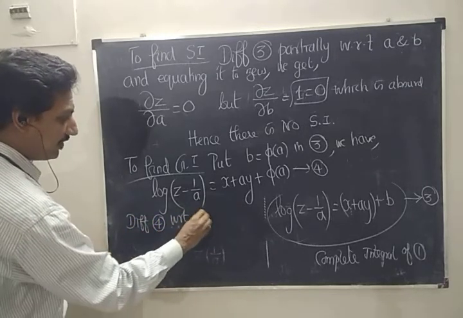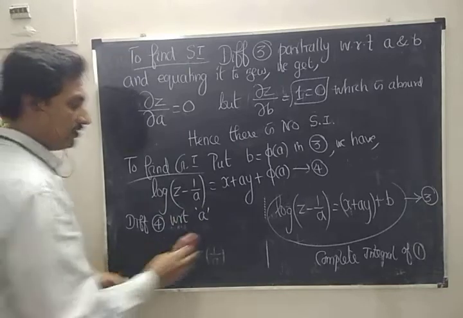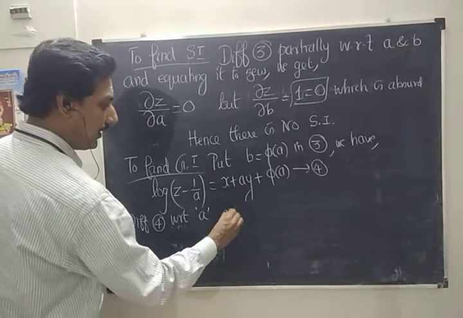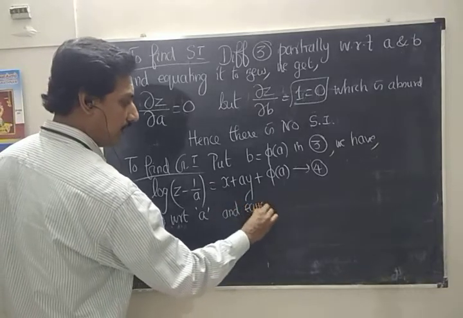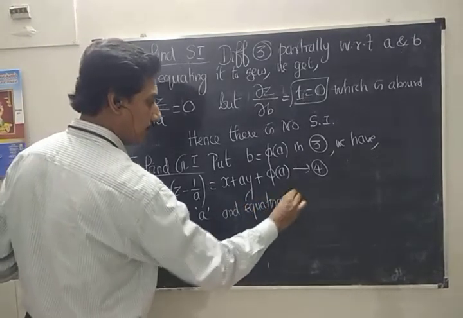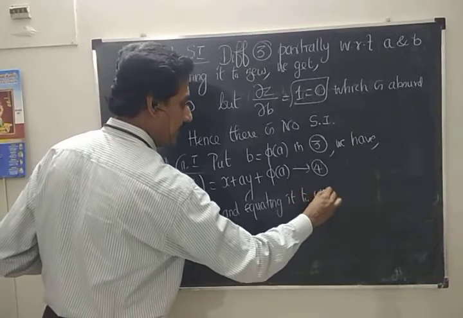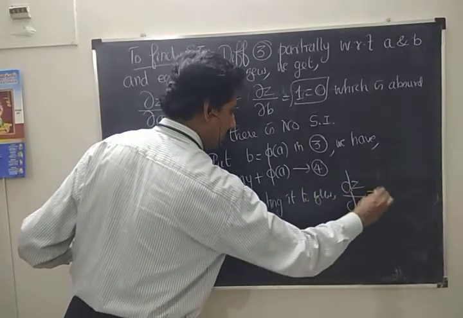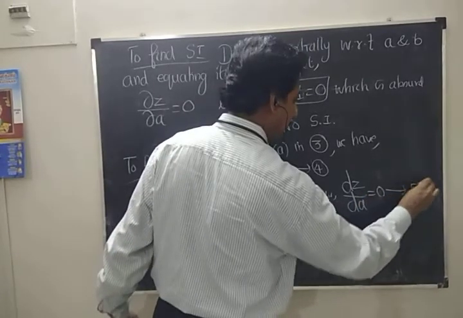So now differentiating equation number 4 with respect to a and equating it to 0, I am getting dz by da is equal to 0. This is equation number 5.